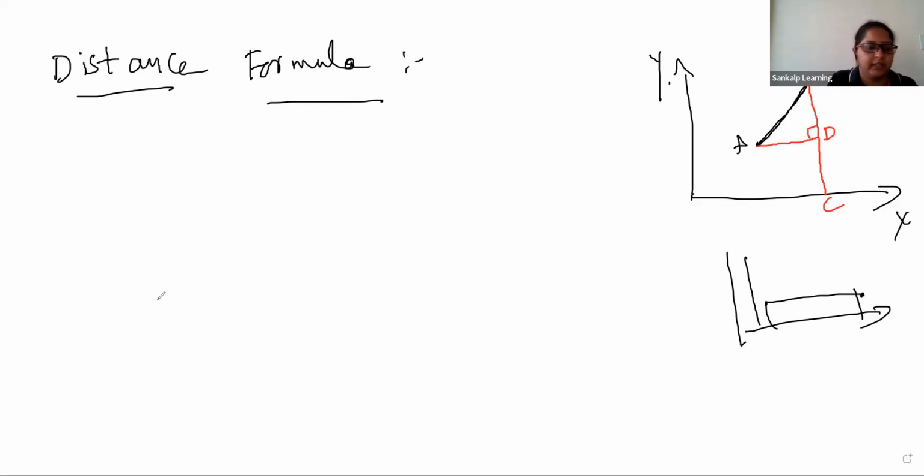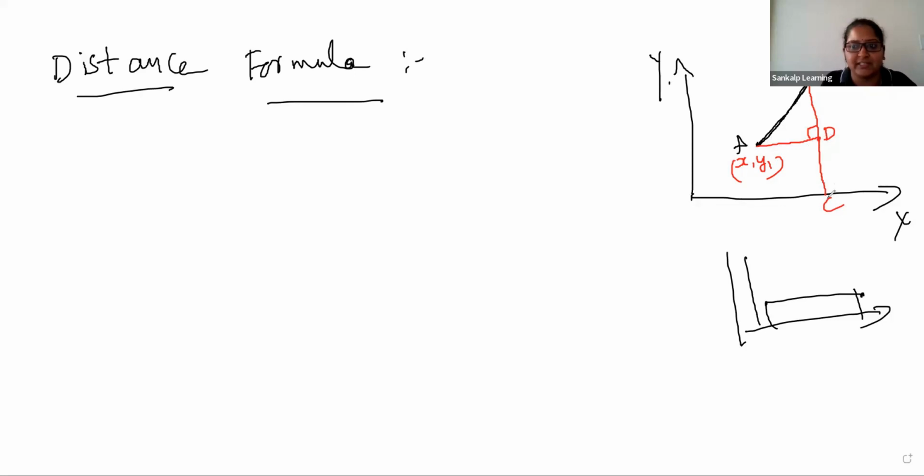Okay, children. Let us write the coordinates of these points. A, the point, let us write as x1 y1. B, let us take as x2 y2. Okay, coordinates are x1 y1, here x2 y2, and write the coordinates of D.